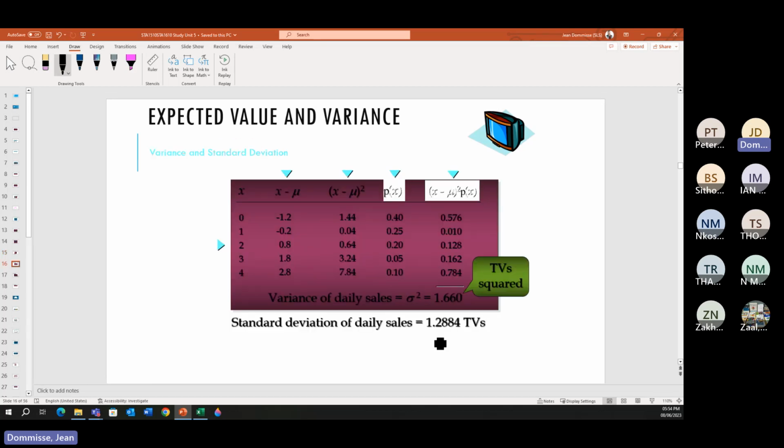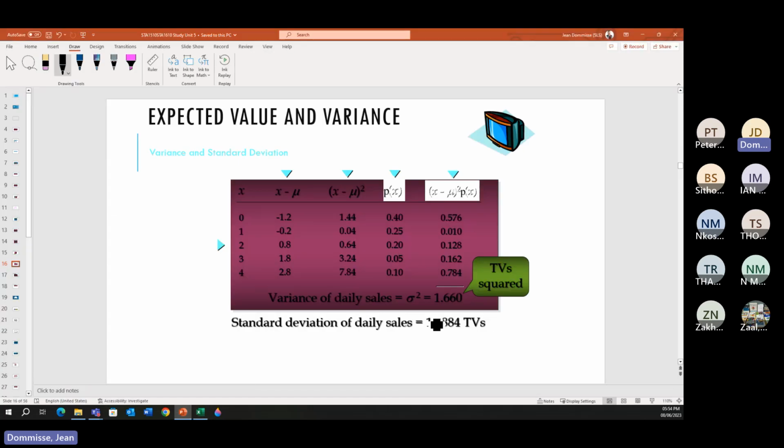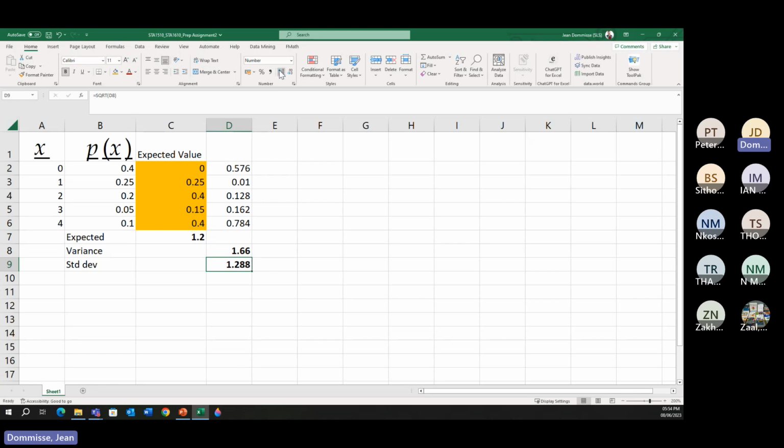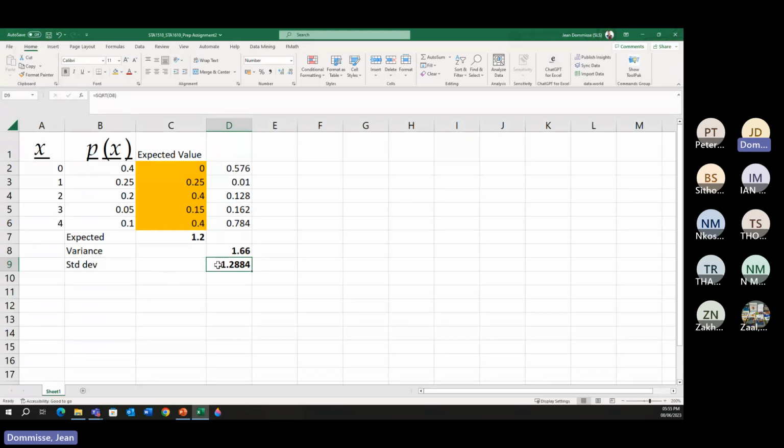And then you can see the variance was 1.66, and then the standard deviation of that 1.29. So depending if we round it off to 2, it will be 1.29. If we don't round it off and we make it bigger, then it will also be 1.2884. So depending on how we want to see it, we can change the number of decimals.